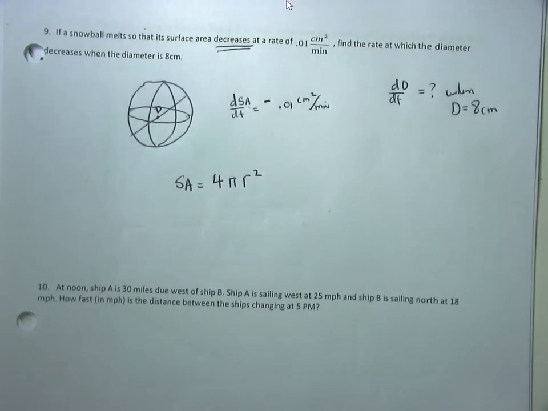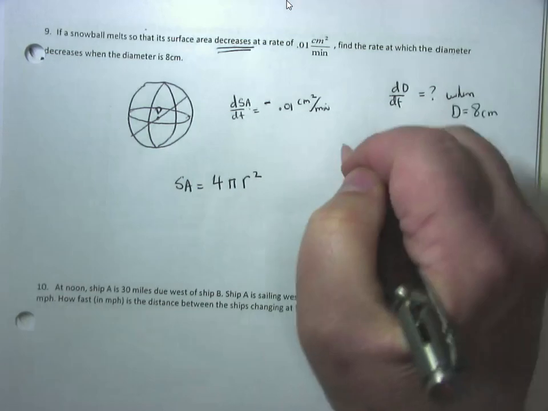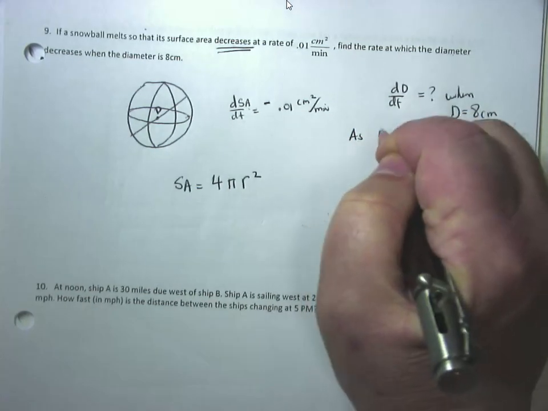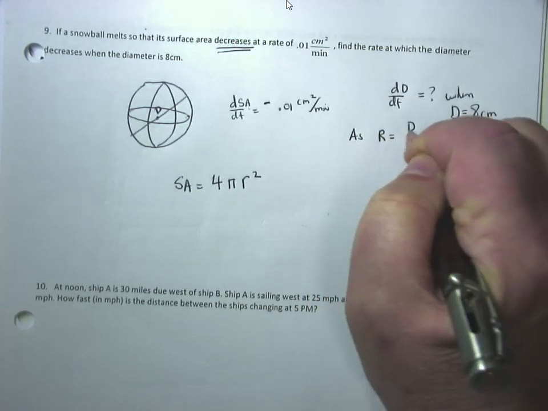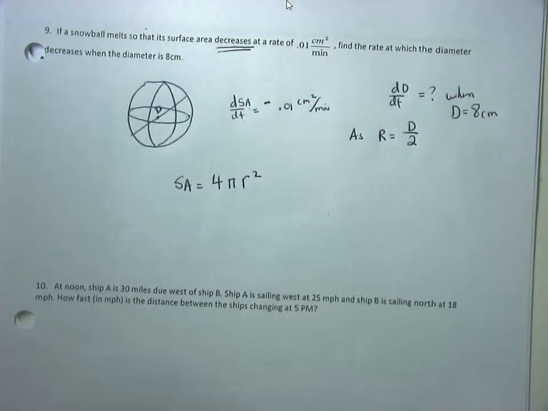But there's a problem. What does r stand for? What are we interested in? Not the same guy. So we have to convert the formula to the variables we want. What does the radius equal in terms of diameter? Diameter divided by 2, half the diameter, right?